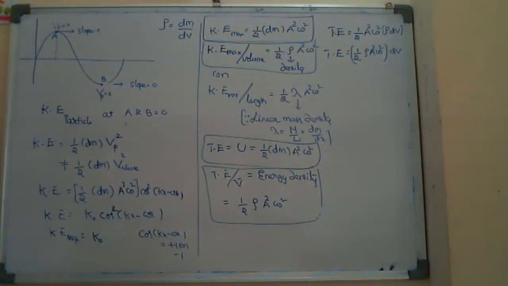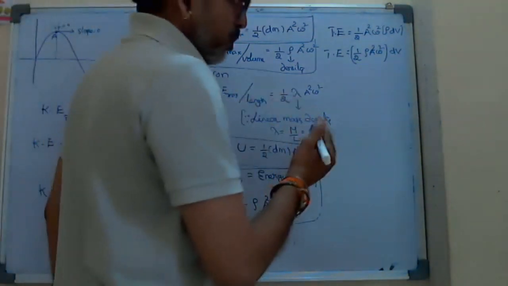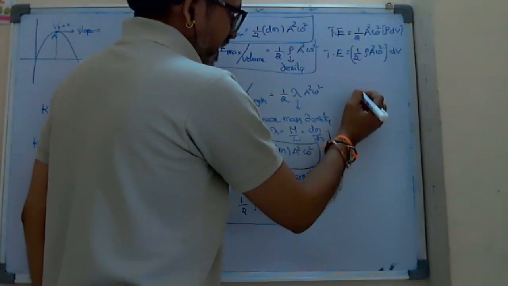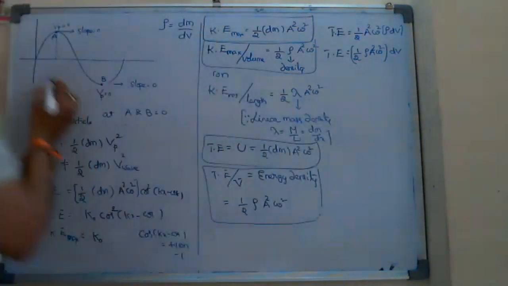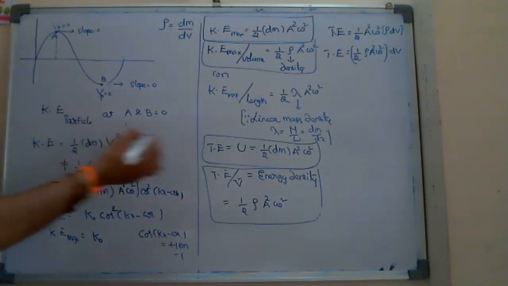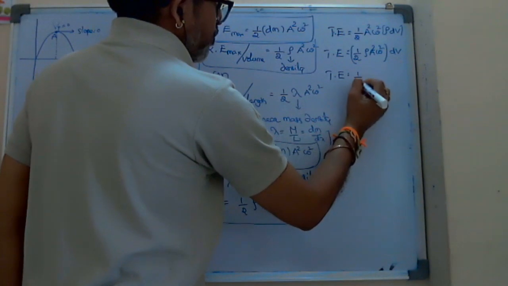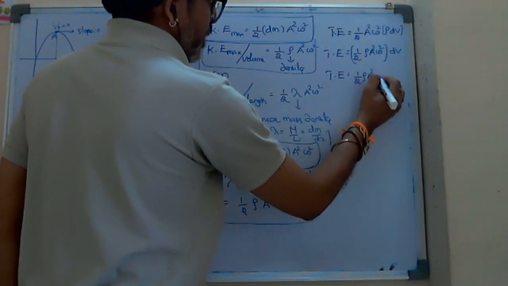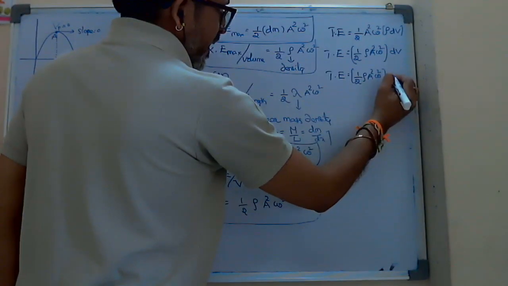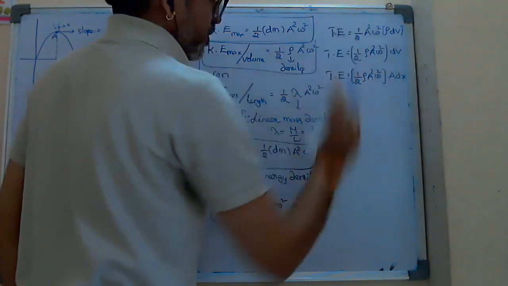Suppose you know the area of cross section in this wave. Then I can write the total energy as half rho A square omega square into volume, and volume can be written as area into length, dx.